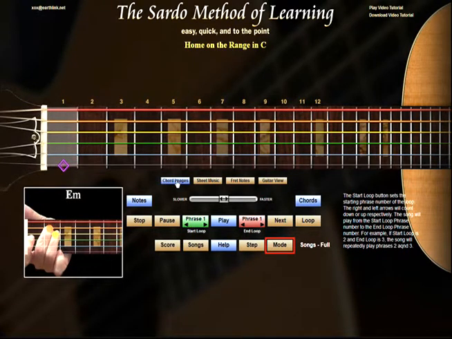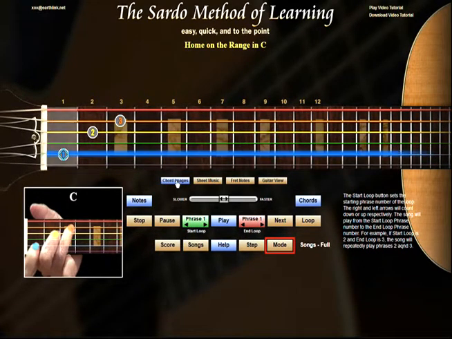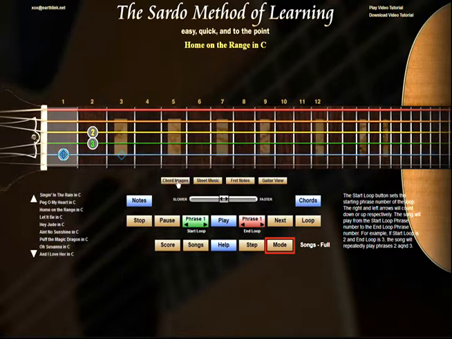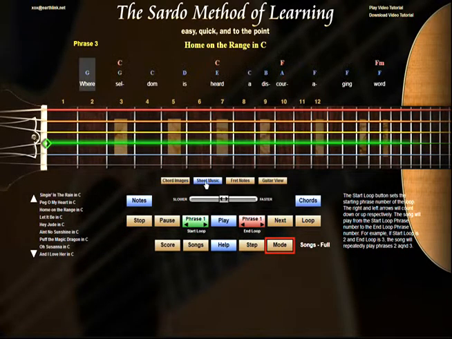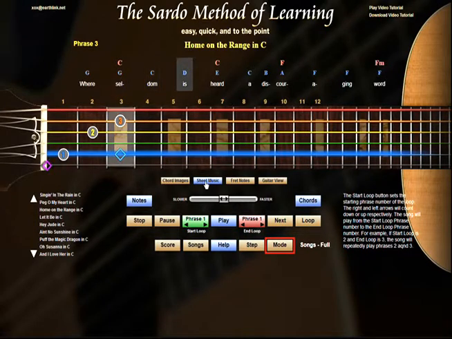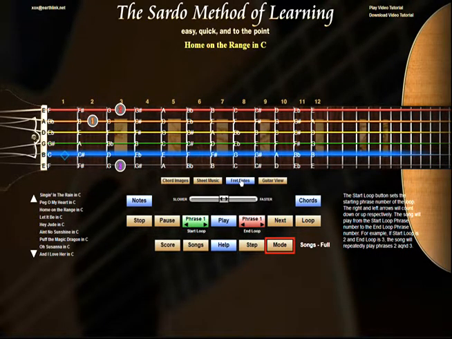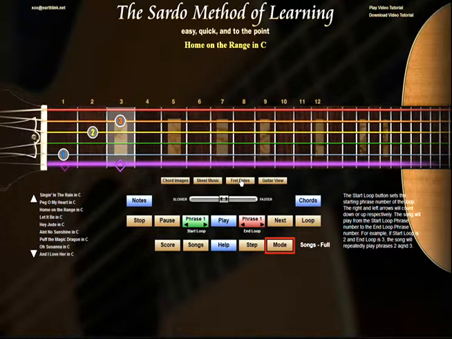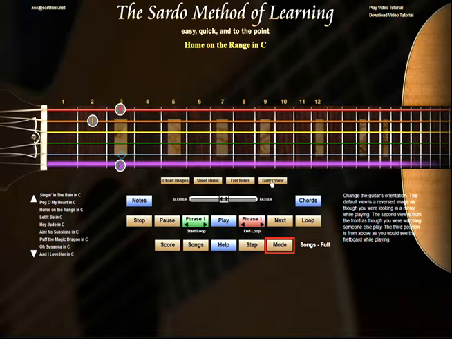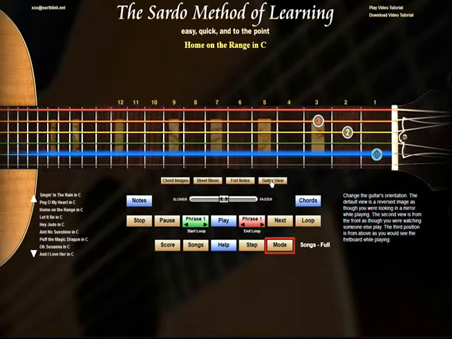For the chord images, the music and lyric display, and an overlay of all the note positions on the guitar. If you can't get used to the mirror image orientation of the guitar on the screen, or if you are a left-handed player, you can flip the view 180 degrees.